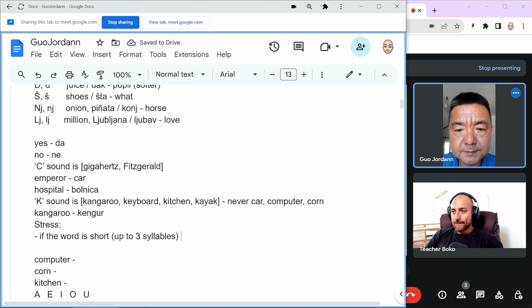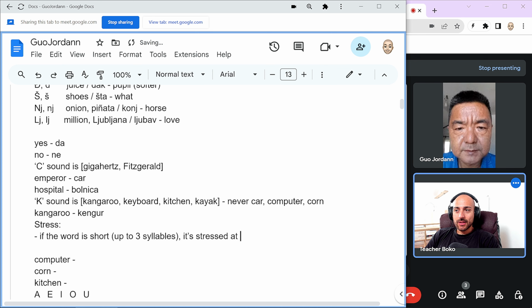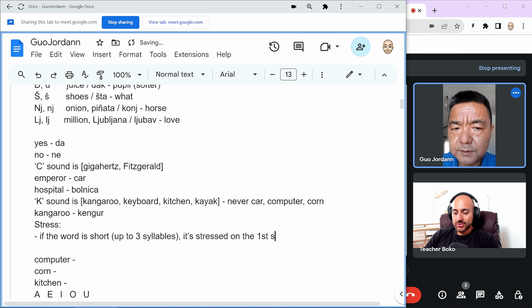then it's stressed on the first syllable. So kengur, bolnica.